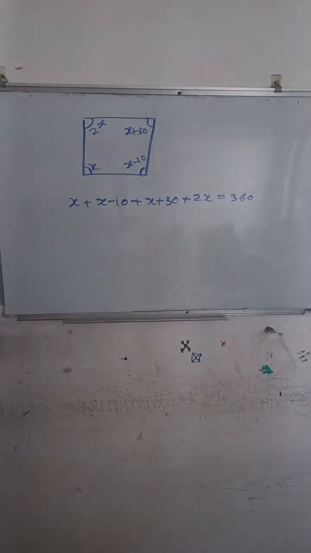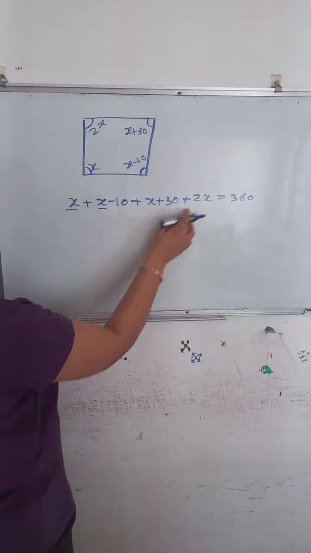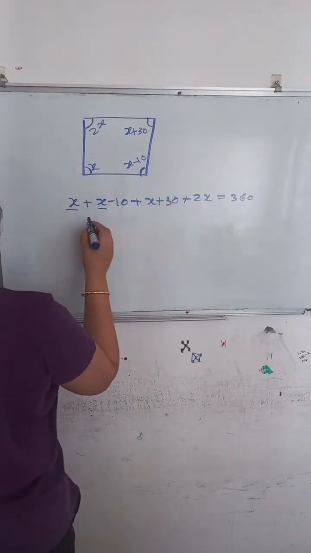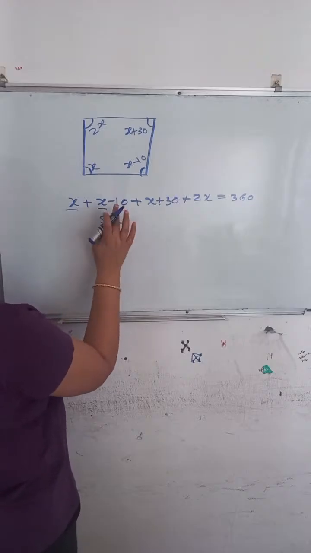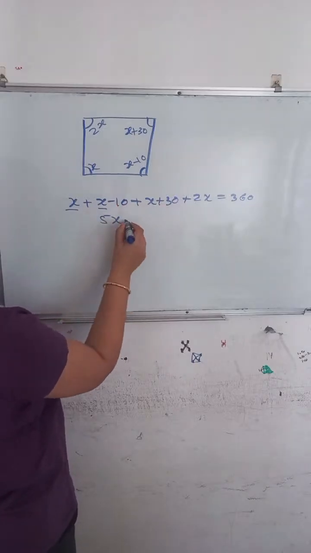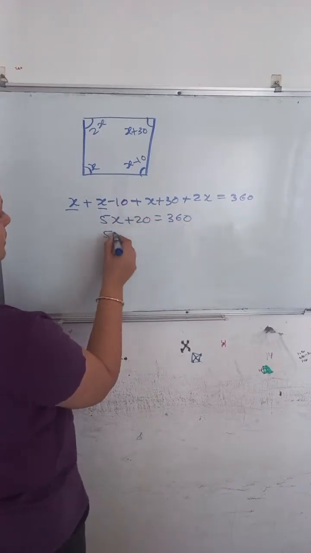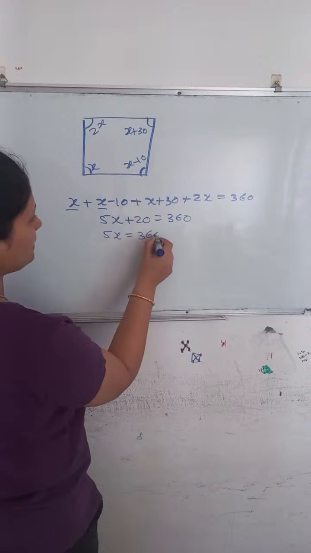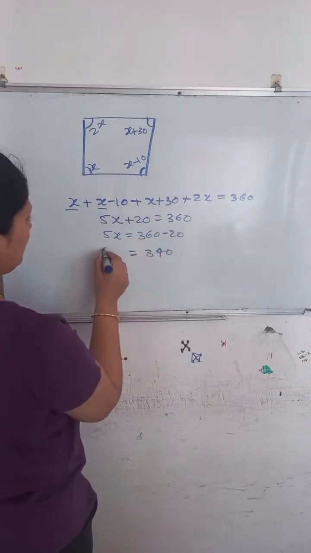So writing this statement gives half mark. Okay, so x, 2x, 3x, 5x. Now minus 10 plus 30 is plus 20 is equal to 360.